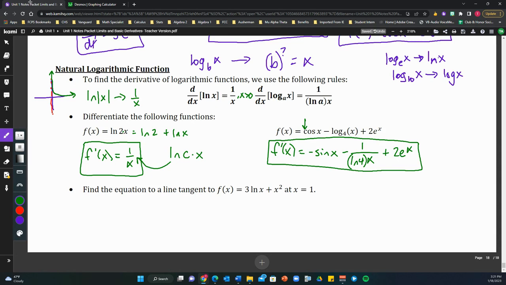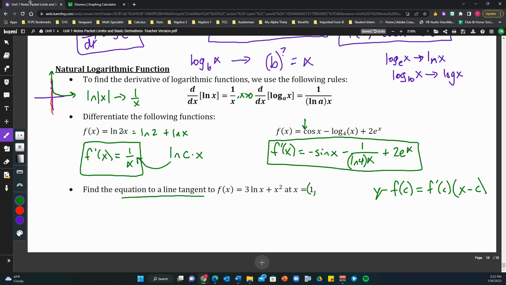And then for this final example, we got f of x equals 3 natural log of x plus x squared, and we want the equation of a line tangent to that function at x equals 1. So again, I'm writing my point slope form equation, y minus the y coordinate at the point of tangency, equals the slope of the tangent line, which is the value of the derivative at the point of tangency, times x minus our c value.